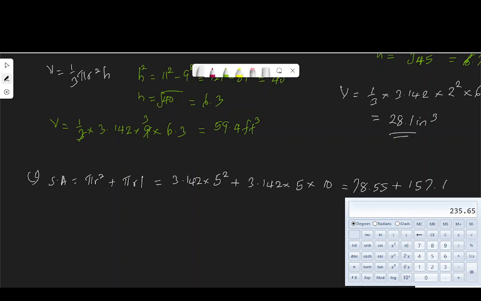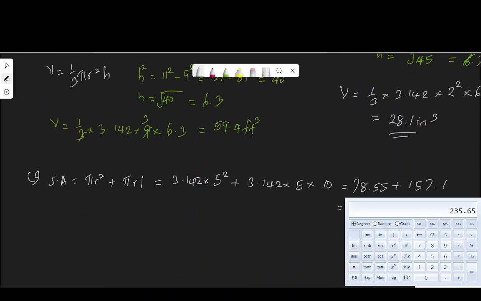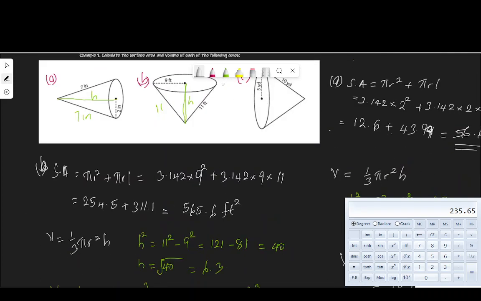That is 235.7 approximately. 235.7. What is the unit? Unit is yard square. That is the surface area of that cone.